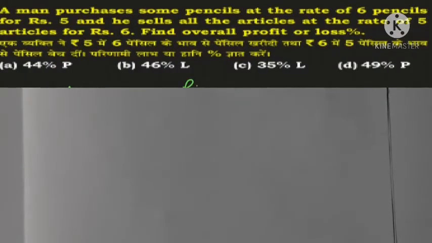A man purchased some pencils at the rate of 6 pencils for 5 rupees, and he sells all the articles at the rate of 5 articles for 6 rupees.